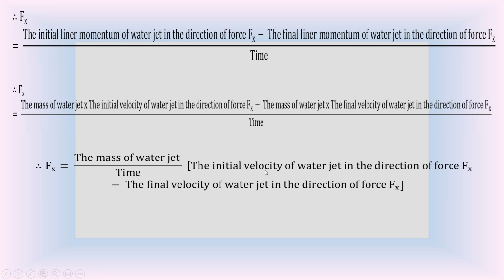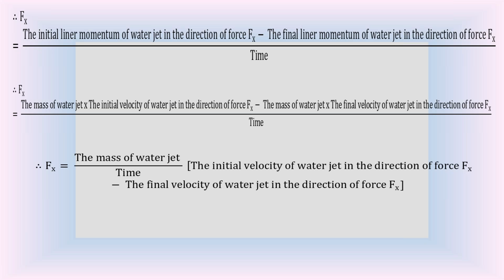Initial velocity is v, in the direction of force Fx, whereas the final velocity is also v, but the final velocity is in the vertical direction. It is perpendicular to the direction of force Fx. So the final velocity of water jet in the direction of force Fx is 0.